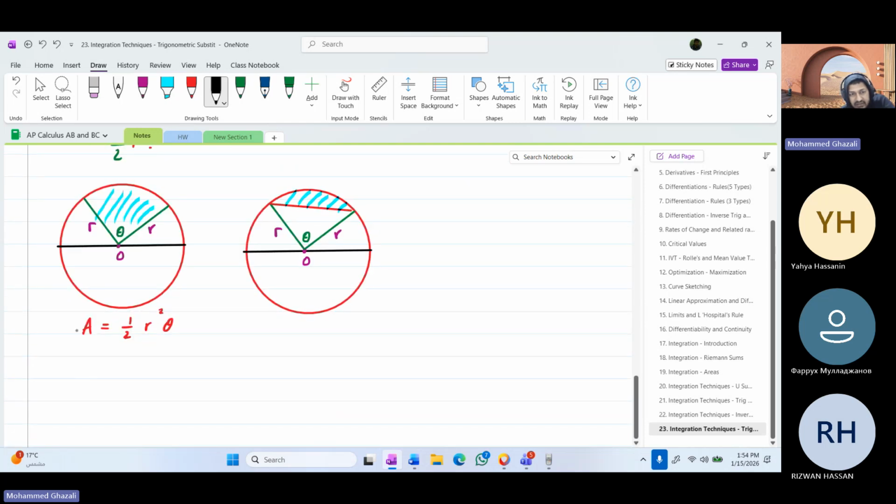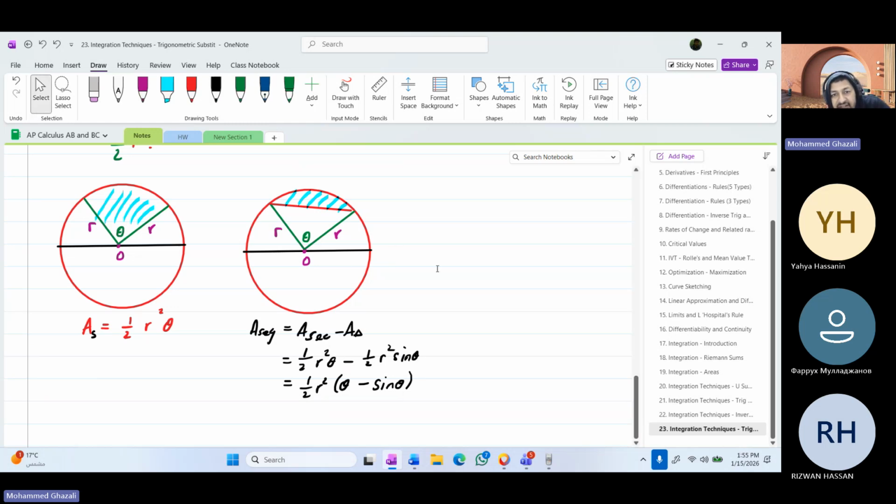The area of sector is half r squared theta, minus the area of triangle, which is half r times r sine theta, so half r squared sine theta. Now you can take out half r squared as a common factor, and we just get theta minus sine theta. This is the area of the segment.